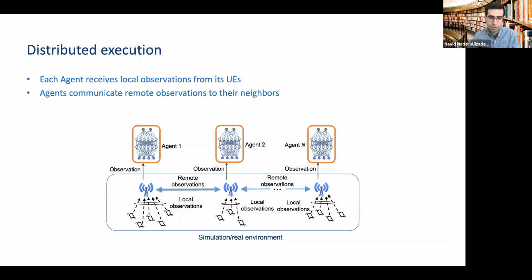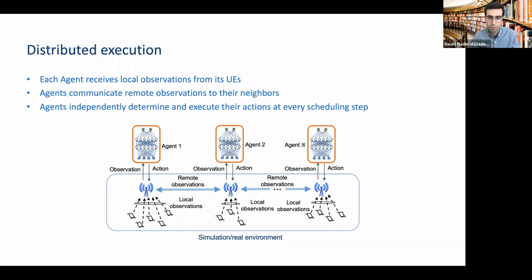And then it feeds them to its agent neural network, and it takes its action independently at every time step. That's the distributed execution phase. In this phase, you might think of fine-tuning the agents if we are in a real-world environment, but in the simulation, we don't do that. So we just freeze the parameters of the neural networks, and we test them after training is complete.